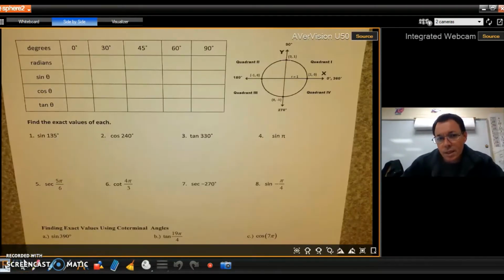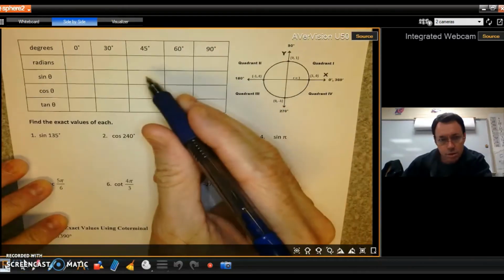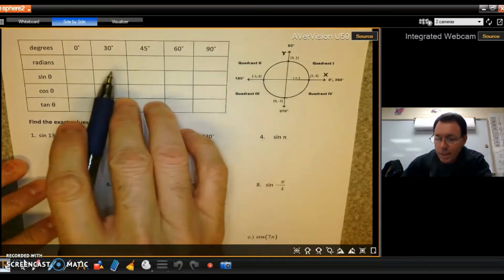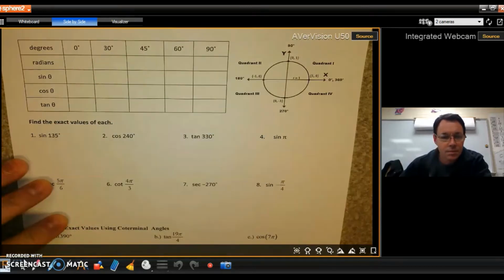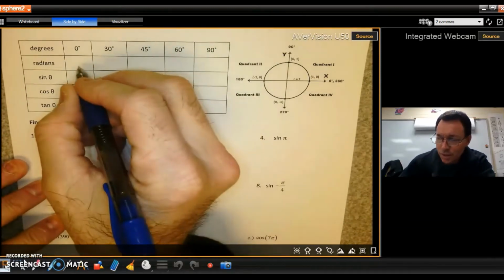Okay, so again, this is what we're going to need to know. We're going to need to know this chart. Okay, so if you want to see if you can fill this in kind of on your own, I'm going to do it quietly as you do it. See if you can fill this in.